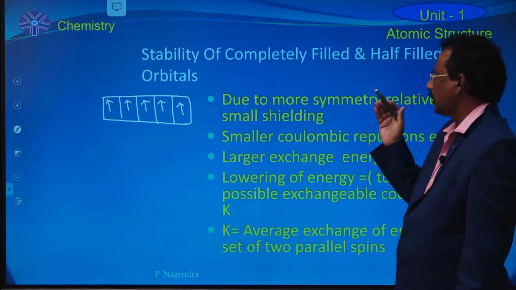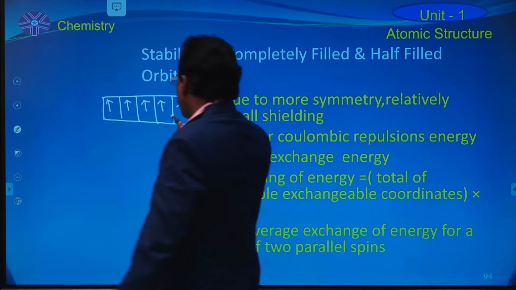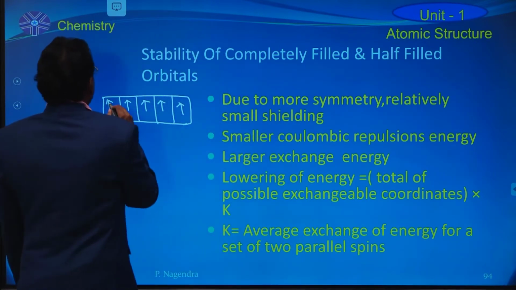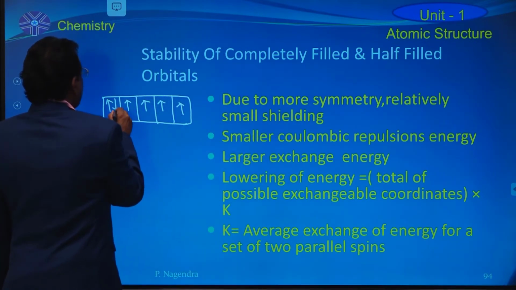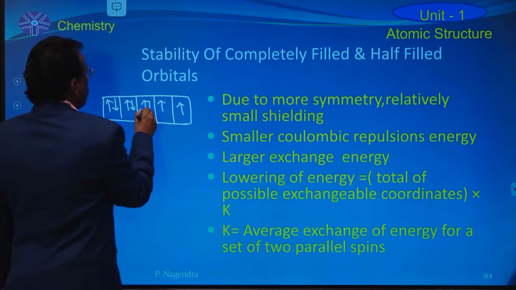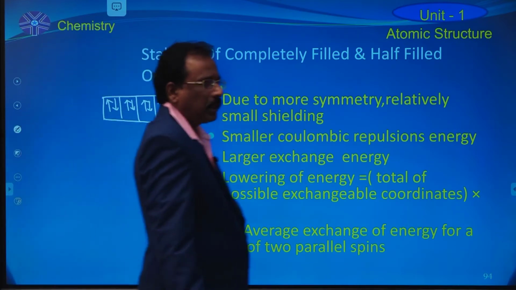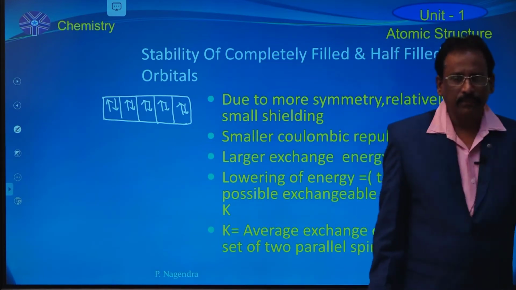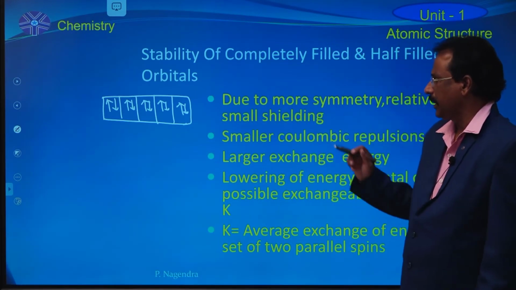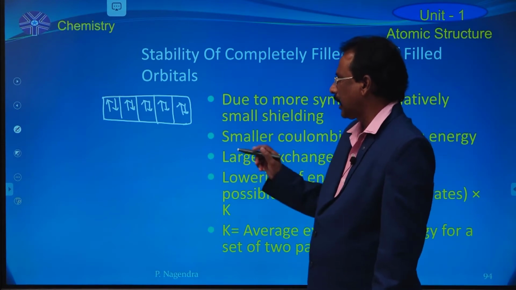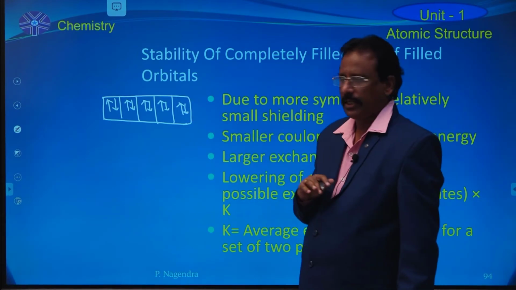So when compared with the d5 configuration, the d10 configuration is more stable, because all the orbitals are completely filled with electrons. That means in each and every d orbital spin is balanced.